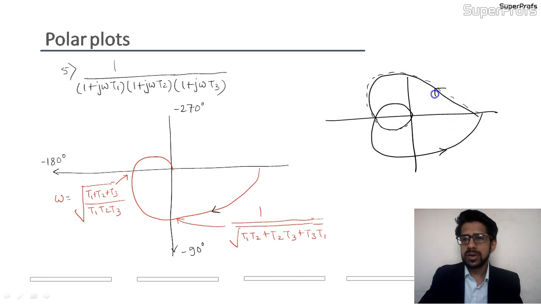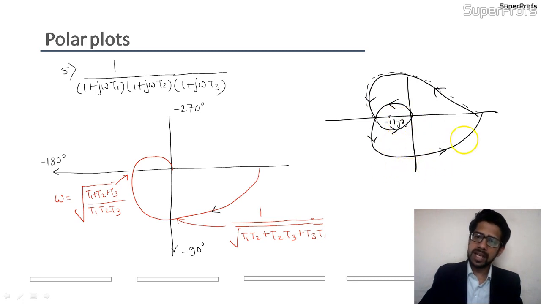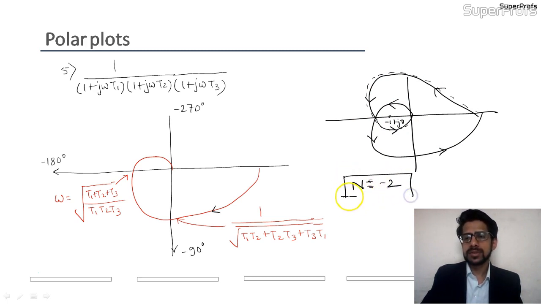So let us draw the arrows now. So this is coming from this side and going with this arrow. So if my -1 plus j0 point is inside this contour, I will again get 1 and 2 anti-clockwise encirclement, and hence n will be -2.